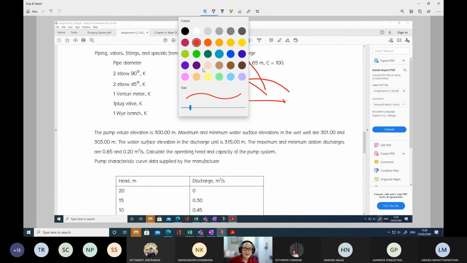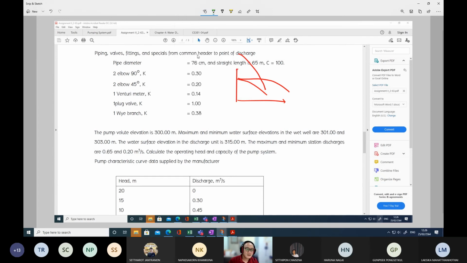And then, based on the information here, you are supposed to get the HQ curve like this. At each curve, you get the point where the pumps will be operated.